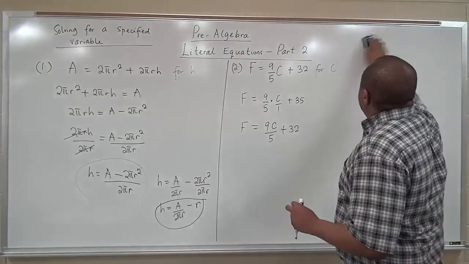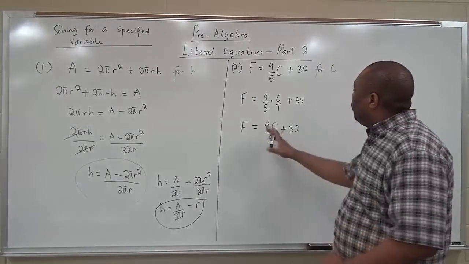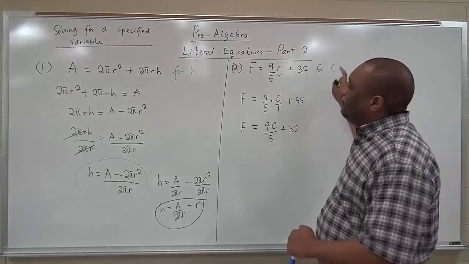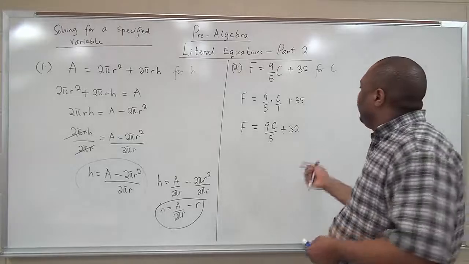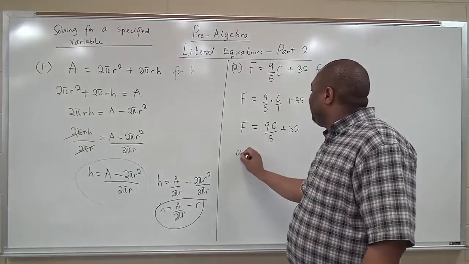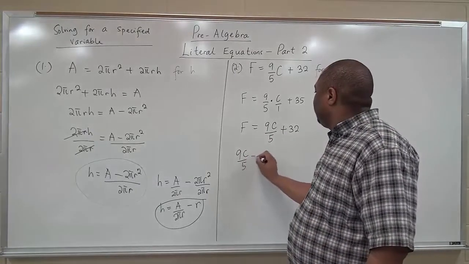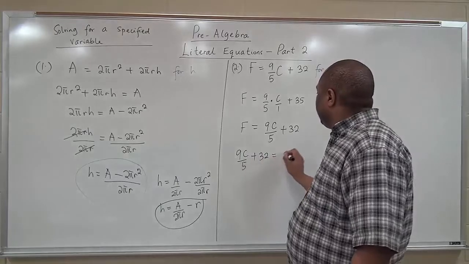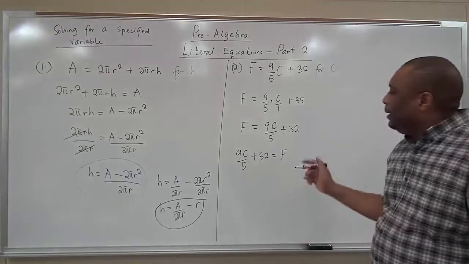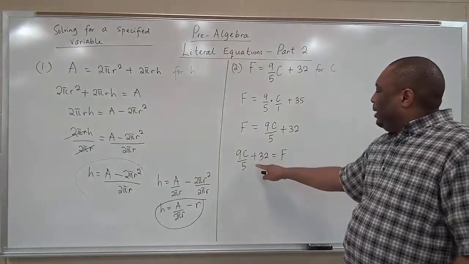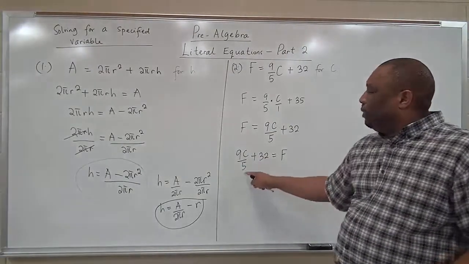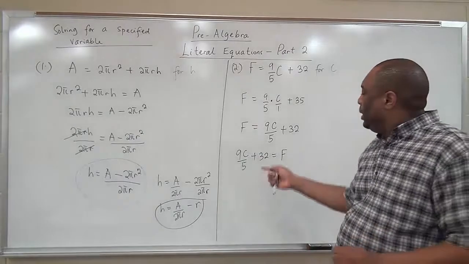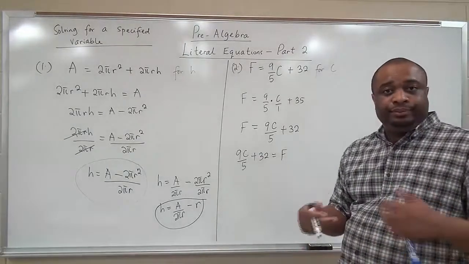So, we now see that we are solving for C, so we want it to be on the left-hand side. We rearrange this. We have that 9C/5 plus 32 will give us F. Now you know, I told you about fractions. If you don't like fractions, you multiply everybody by the LCD.